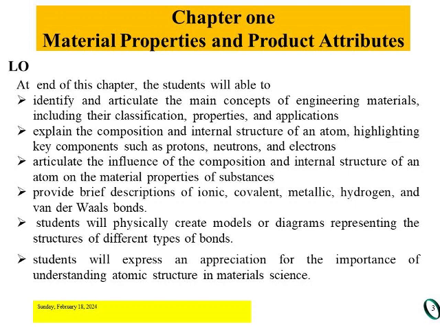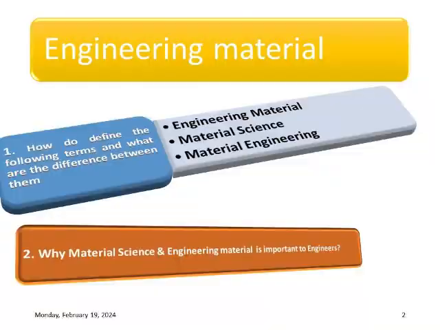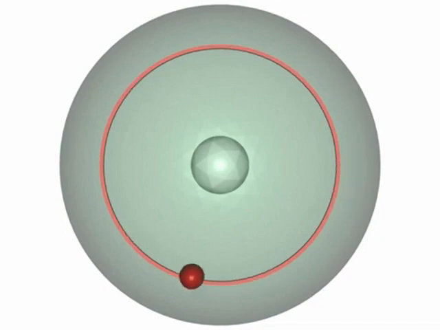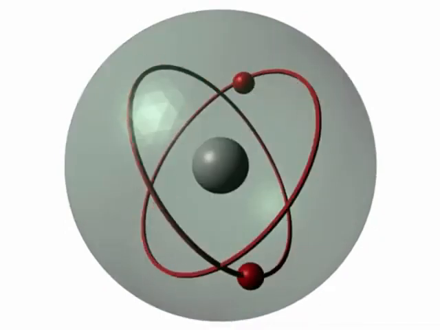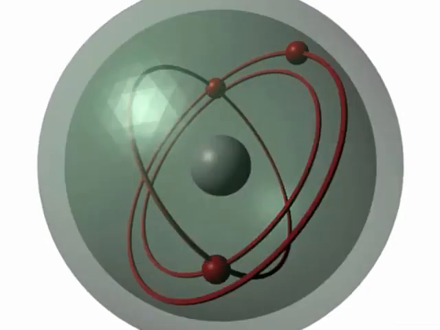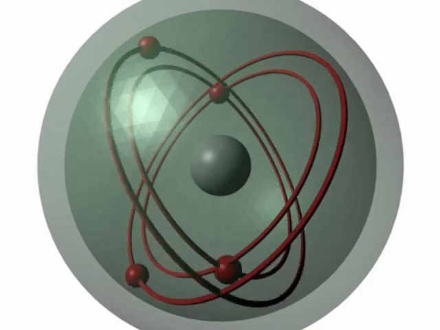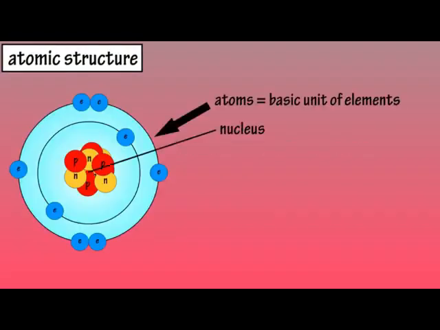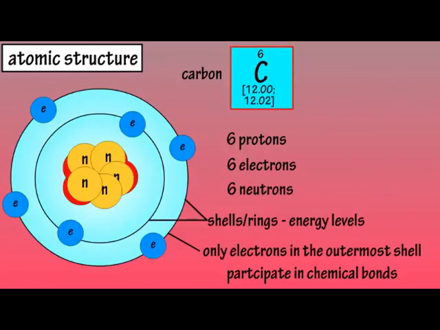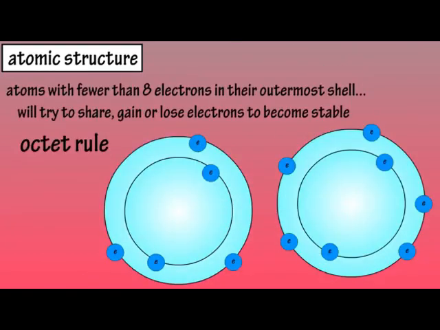Students, at the end of this course, I expect you to identify and articulate the main concepts of engineering materials, including their classification, properties, and applications. Explain the composition and internal structure of an atom, highlighting key components such as protons, neutrons, and electrons.